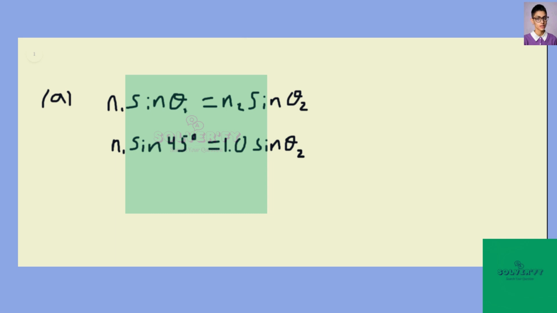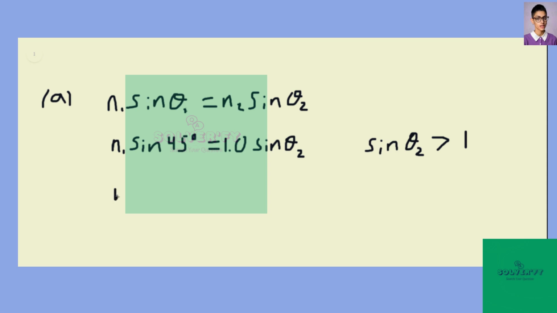So for total internal reflection to occur, we need the sine of theta 2 to be greater than or equal to 1.